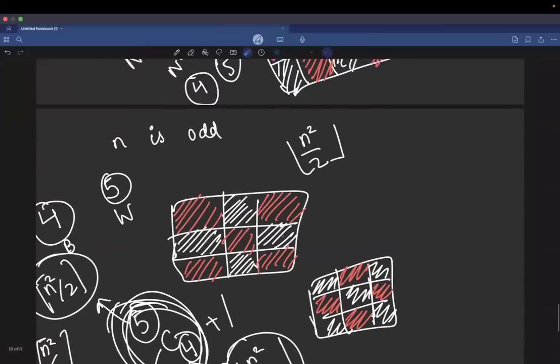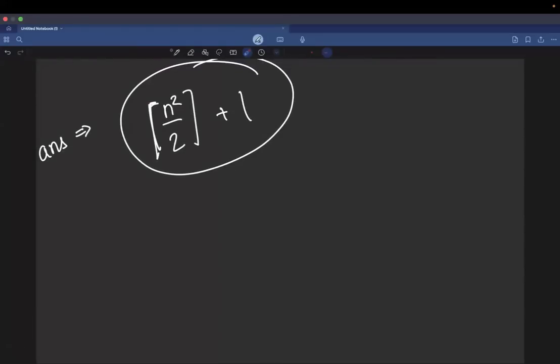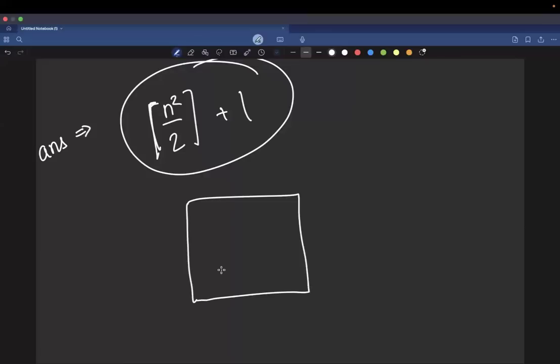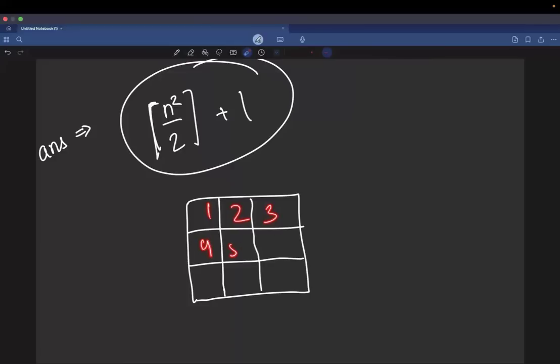Odd part once more. Okay, so let's say n is odd, then Devansh, out of these 9 cells, just pick up any one of them of your choice.